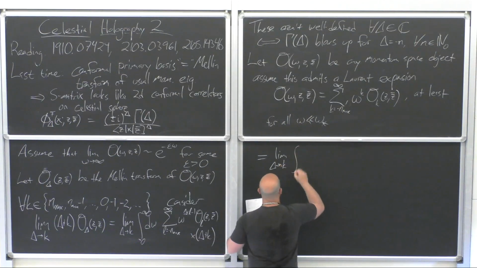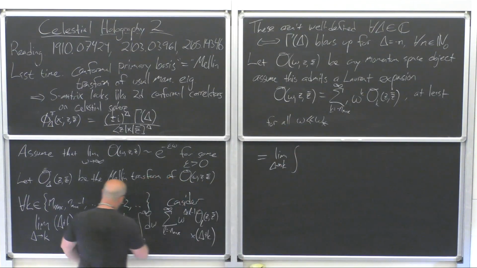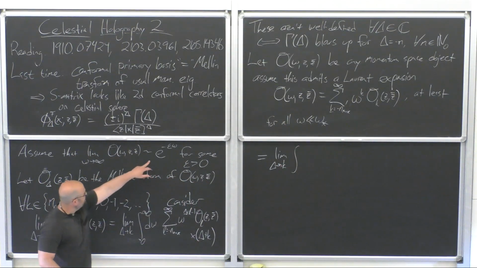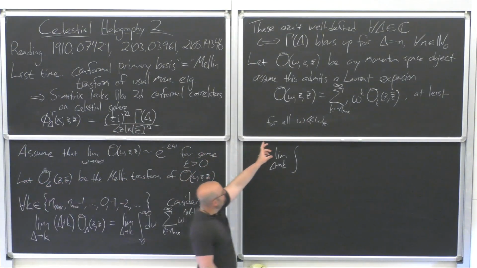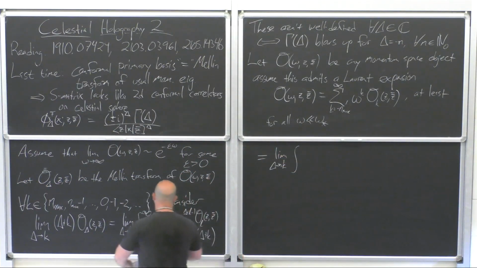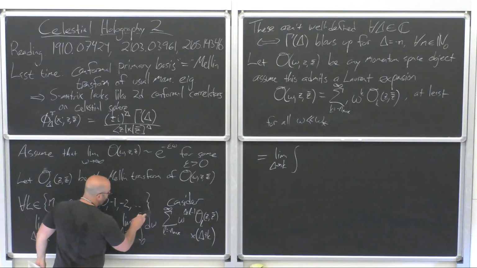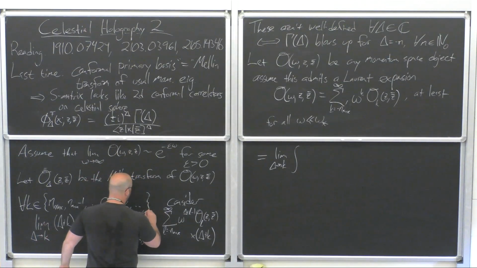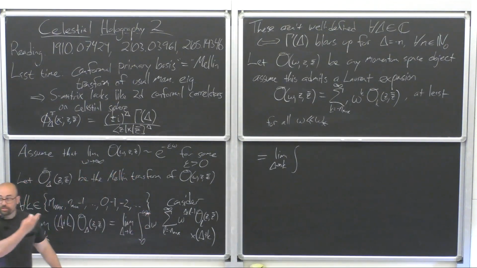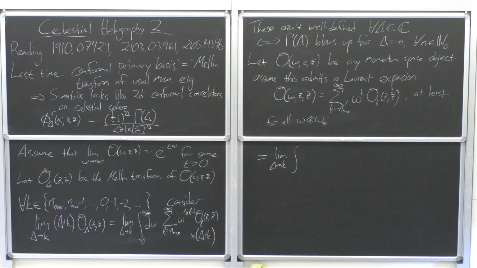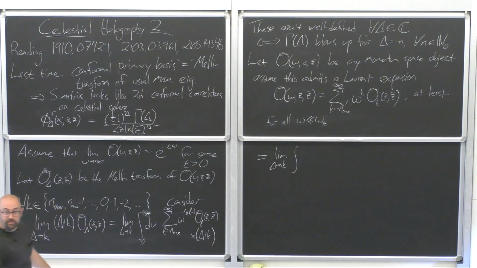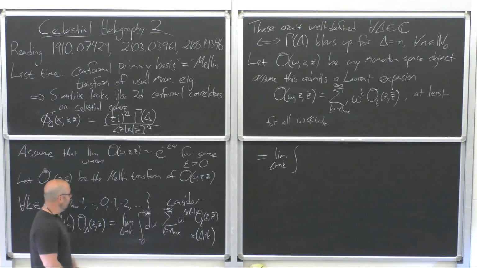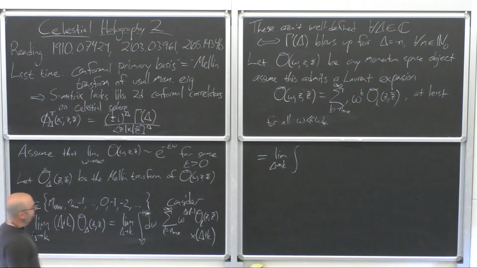And because of this assumption of exponential damping and the assumption that this Laurent series holds below some energy scale, for the purpose of taking this limit we can forget about the high energy regime of the integral. It's not going to do anything interesting because it's just going to be tamed by that decaying exponential. So we only really need to consider the integral up to this scale omega star.